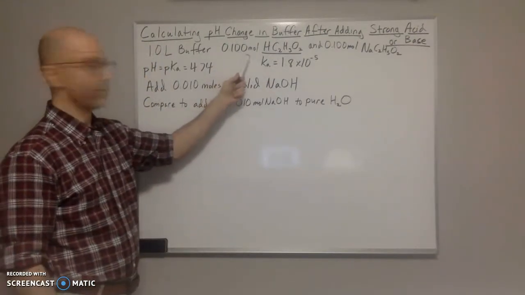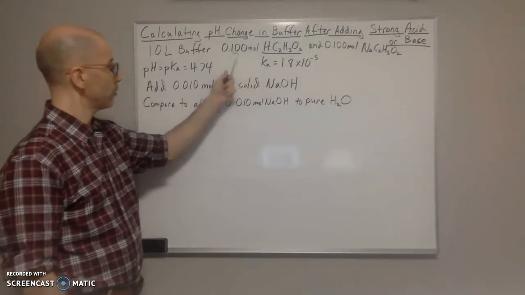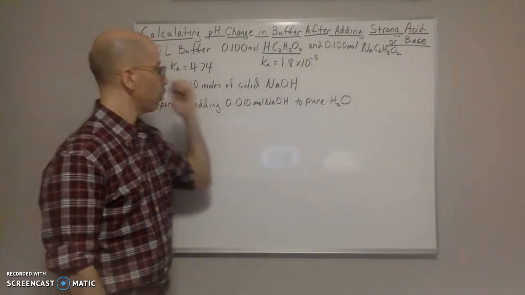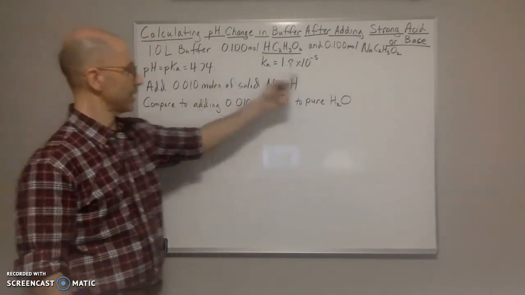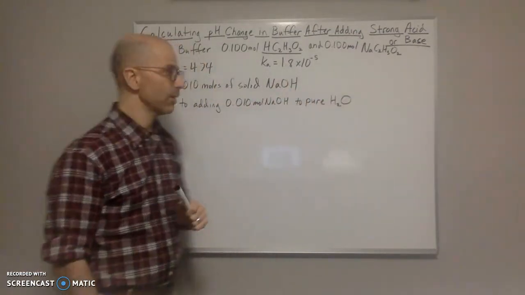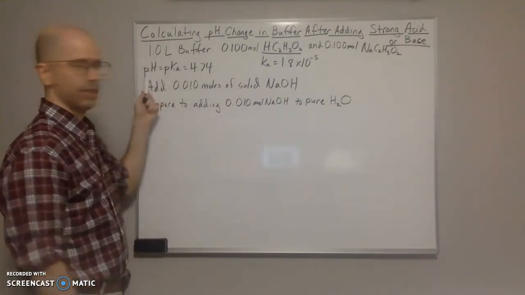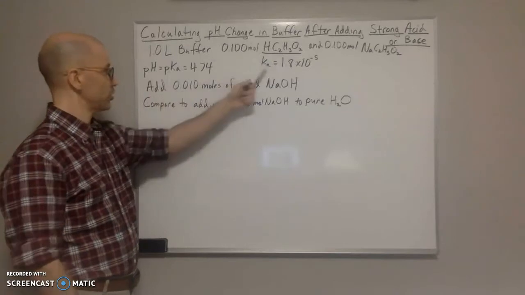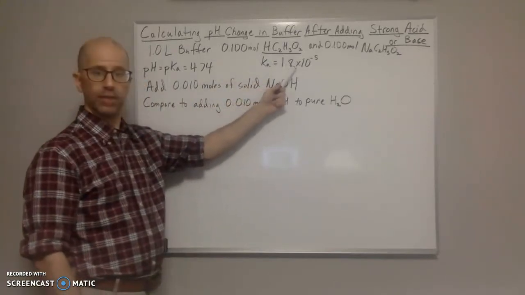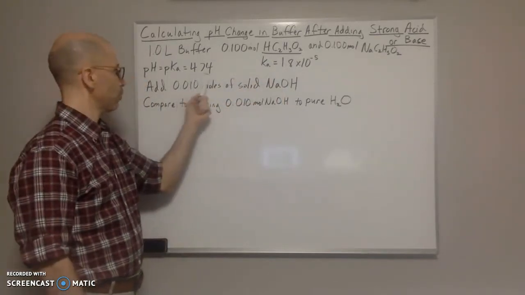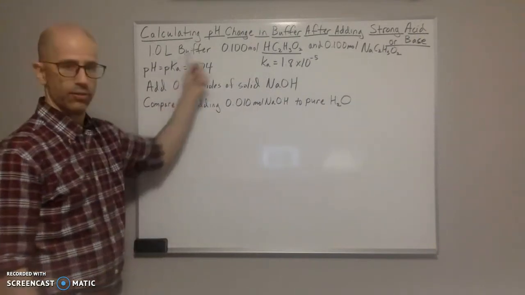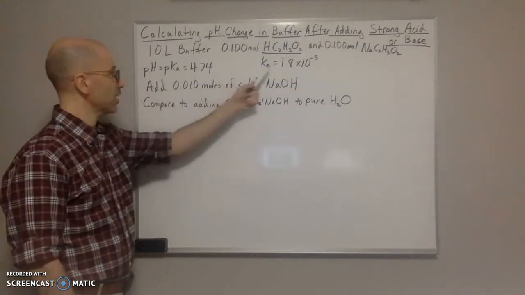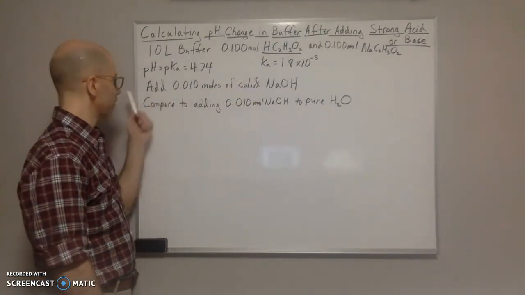Because we have equal concentrations of your acid and its conjugate base, the pH is equal to the pKa, which is just the negative log of this, and that's 4.74. Okay, so that's the setup. That's what you are given and what you need to calculate.